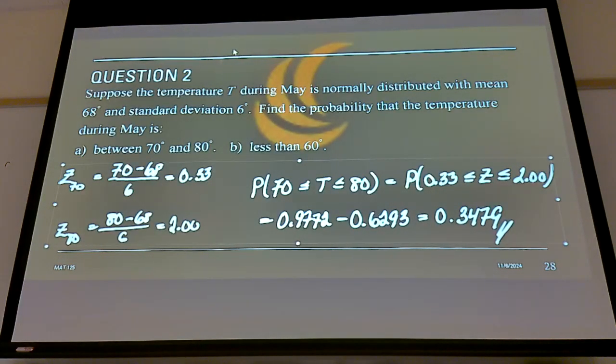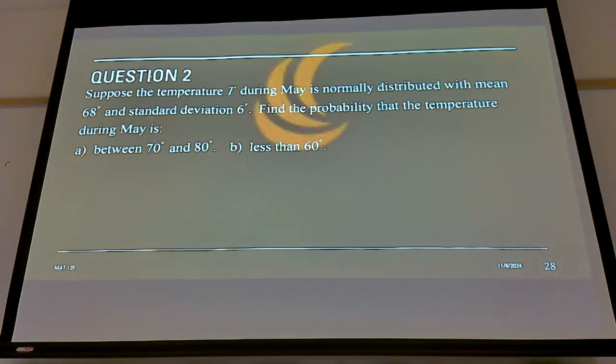Less than 60. Minus the mean divided by standard deviation. So it's -8 divided by 6. What was it? -1.33.